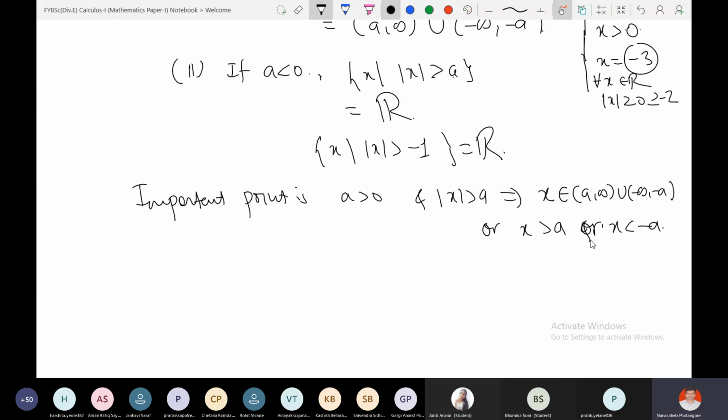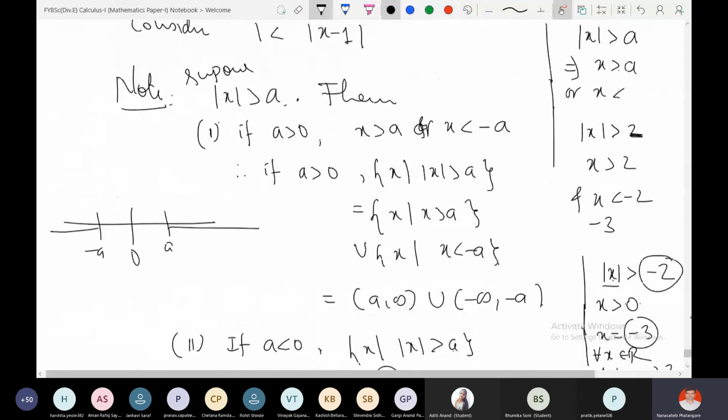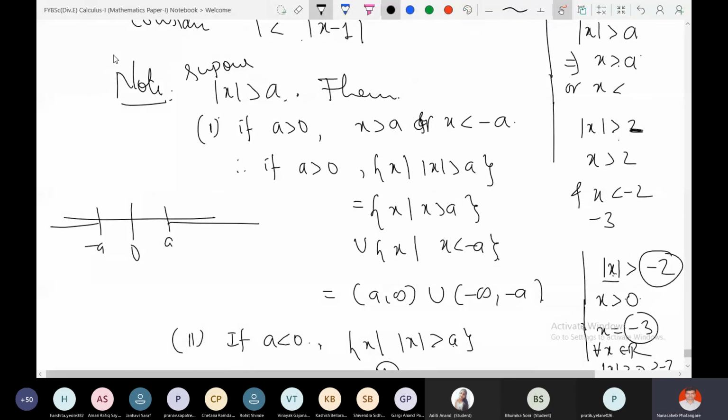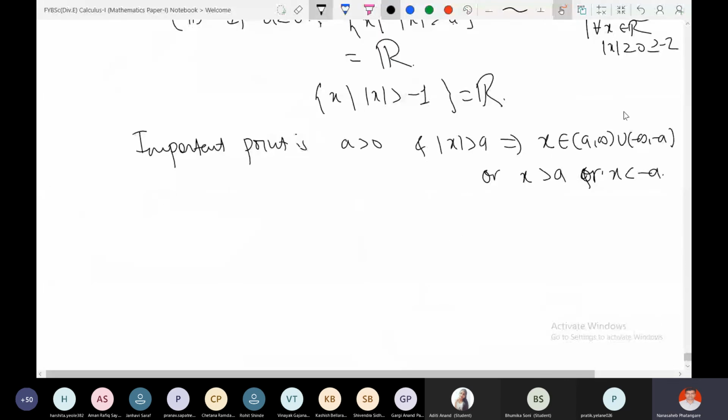Not and, it is or. Is it clear? That is the property we forgot to prove.